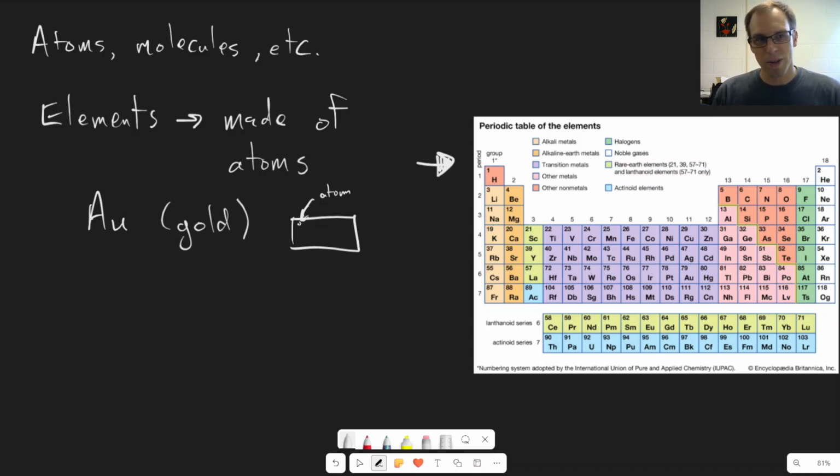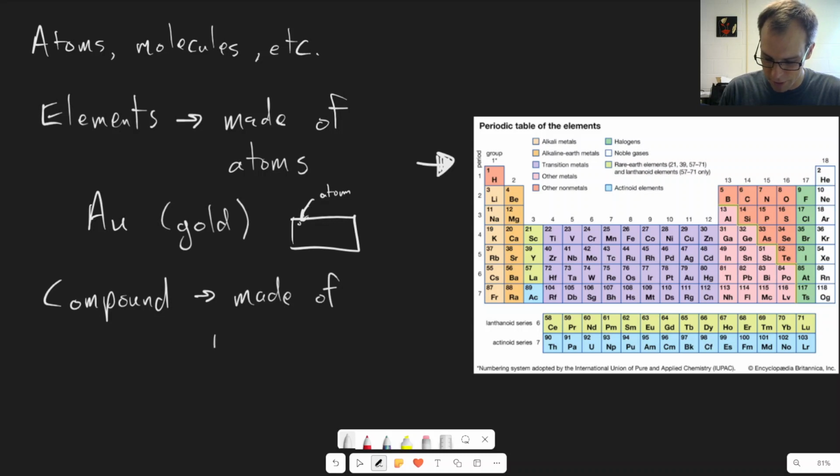Now, atoms are not the only thing that we have. If we have a compound instead of an element, still thinking about a pure substance, compounds are made of molecules, or some other things that we'll talk about in a minute. A molecule is an assembly of two or more atoms.